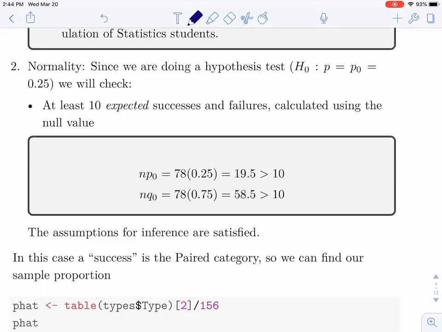And so a sample size of 78, where the probability of failure is 0.75, is 58.5. Notice that these two will just add up to 78. So you could go that route too. Okay. So you're just going to do those calculations. I like to throw in a little check mark there. Check, check. Great. Moving on.